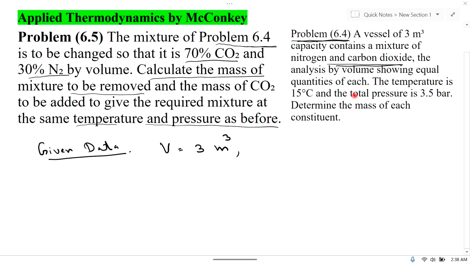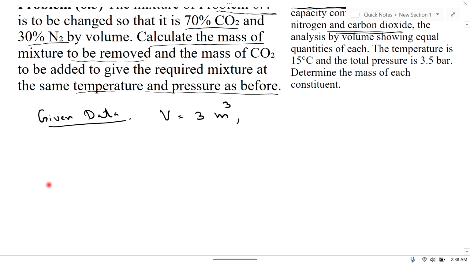Equal means 50% nitrogen and 50% carbon dioxide. The volume fraction of CO2 initially, at the start, is equal to 50%.